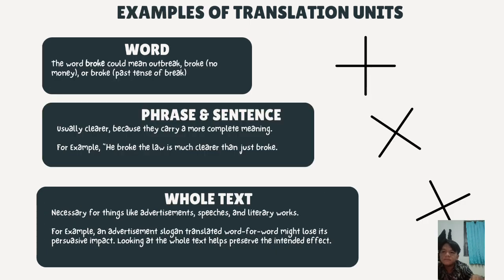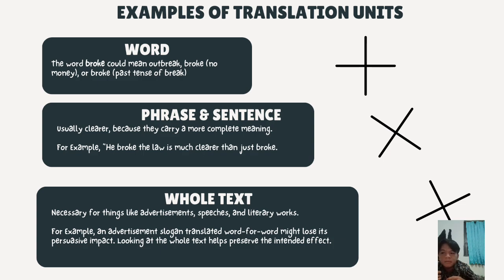Next slide. Example of translation units. For example, the word broke could mean having no money, or the past tense of break. A phrase or sentence is usually clearer because it carries a more complete meaning. For example, he broke the law is much clearer than just broke.